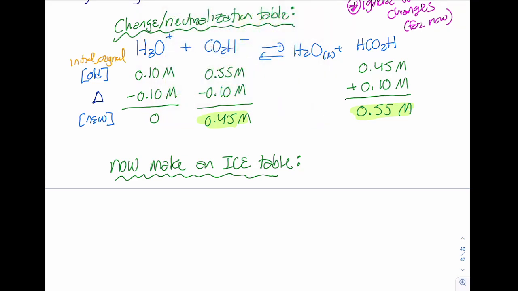So our ice table is going to be our acid, right? We're going to write our acid dissociation equilibrium equation. So formic acid reacting with water, forming hydronium ions, plus my conjugate base.